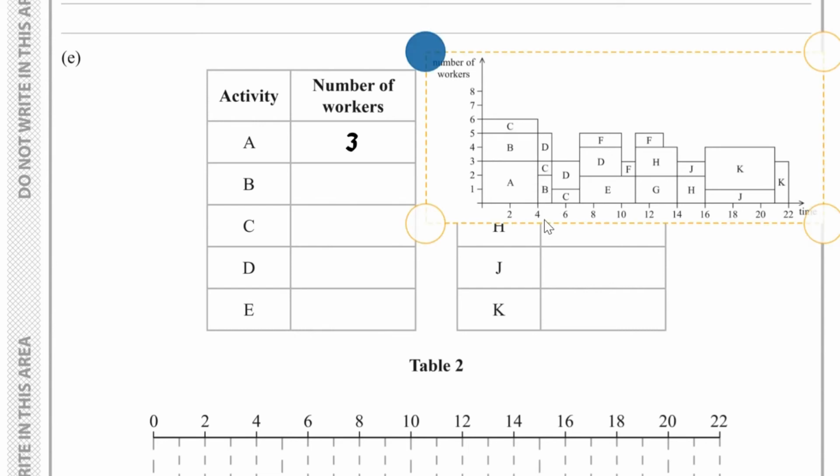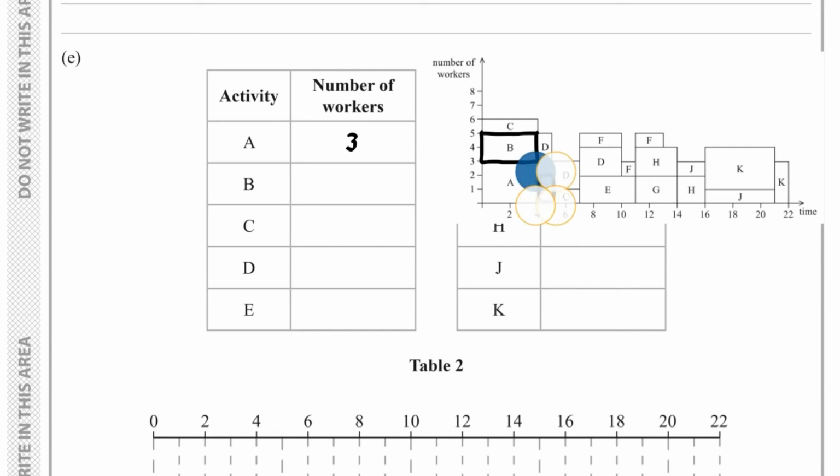What's really happened is this bit over here has fallen down to here. But either way, B has 2 workers which it requires. If we take a look at C, well, you can see C requires 1 worker.